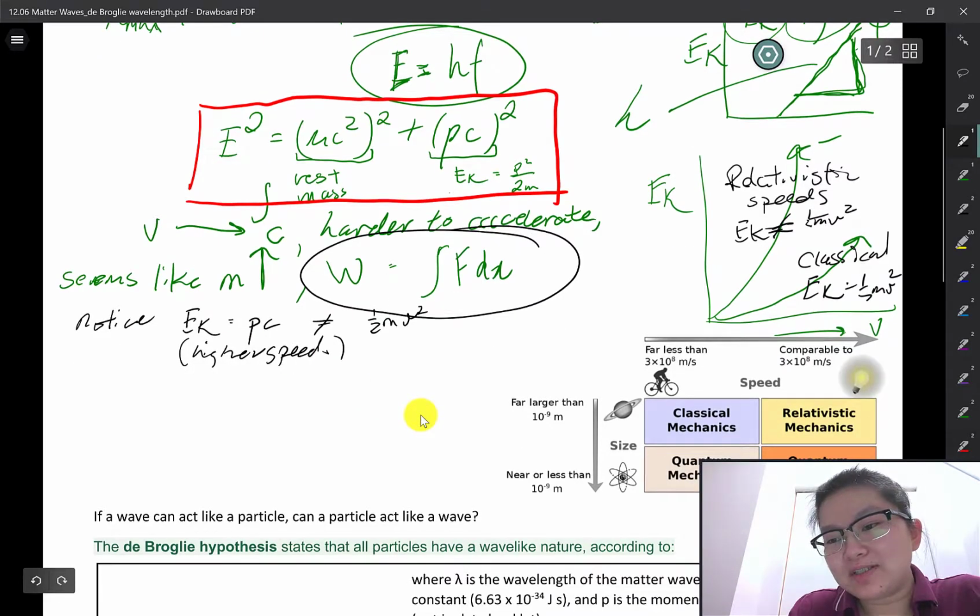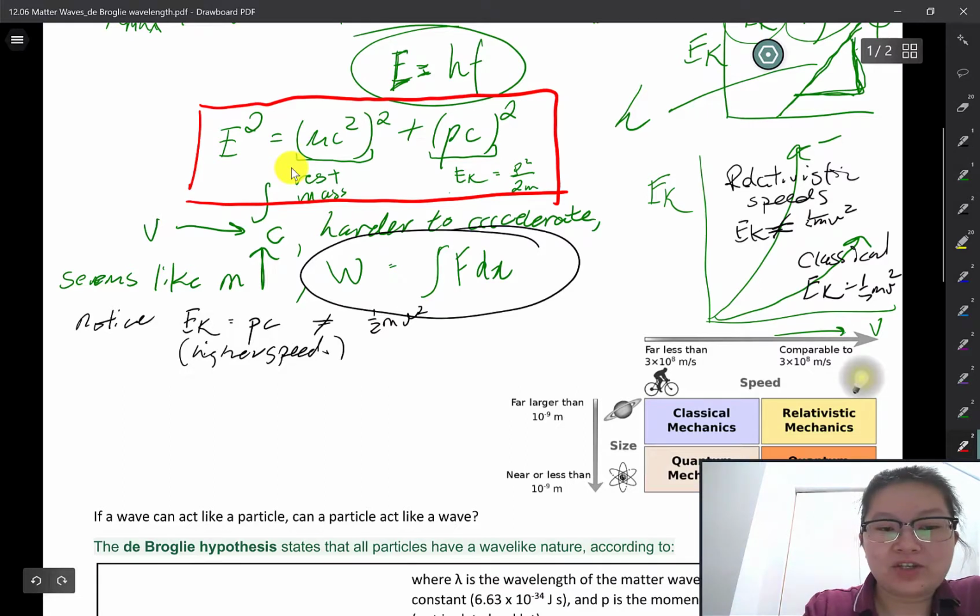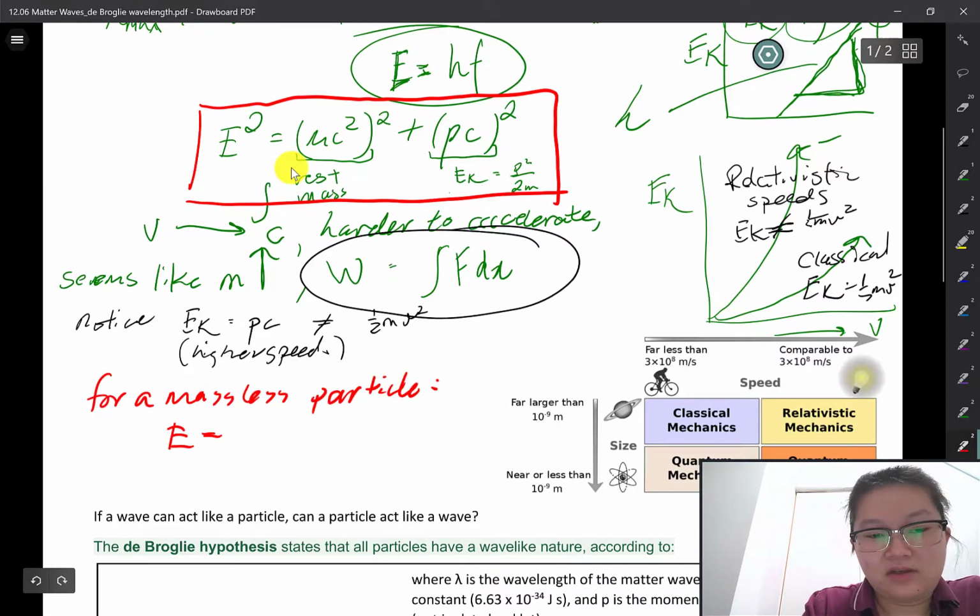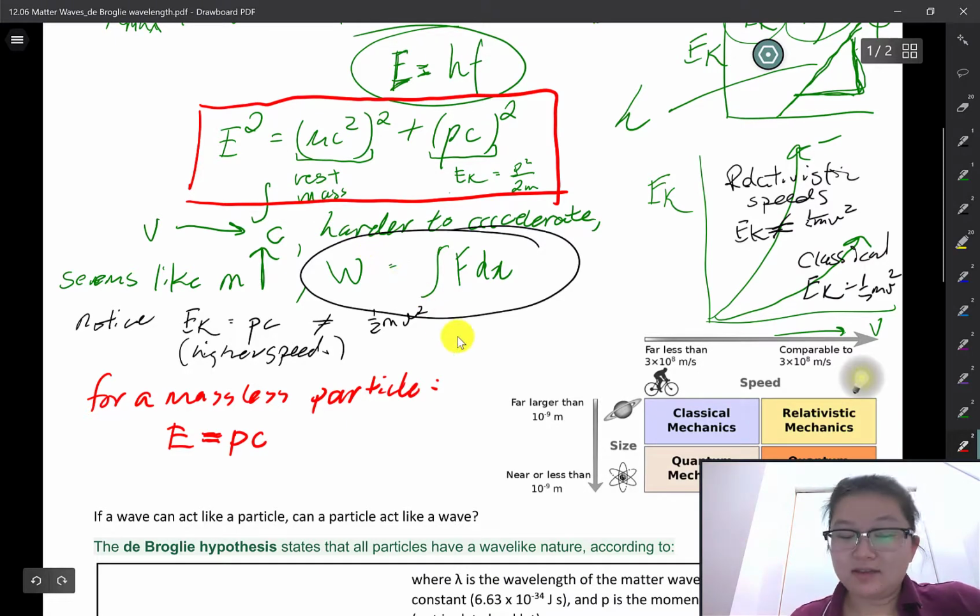If we take a look at this equation, we can see how if a particle is massless, then this equation reduces to E equals pc. So this mc squared term goes away, for example, for a photon. Then the energy of a photon is dependent on its momentum as well as the speed of light.